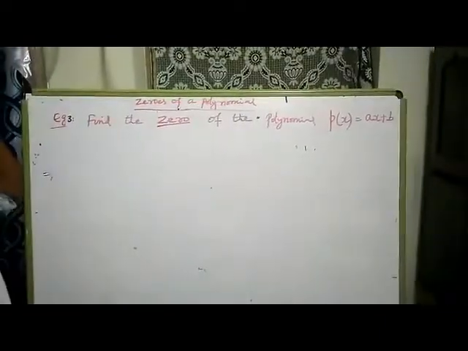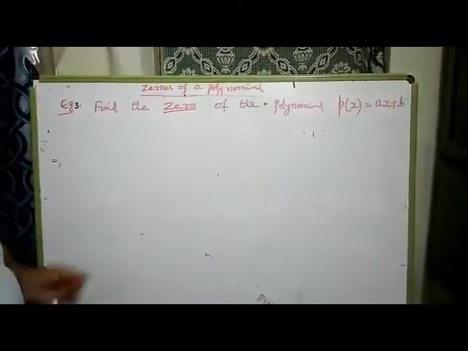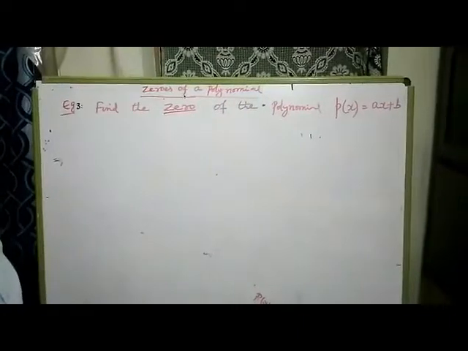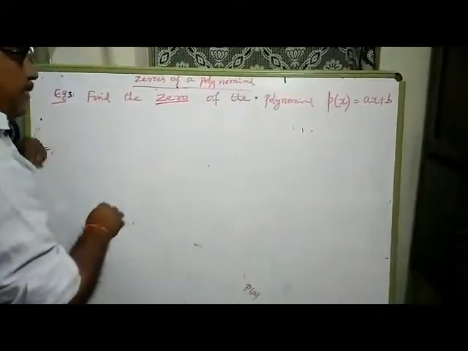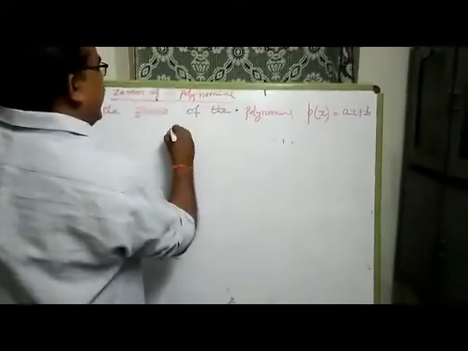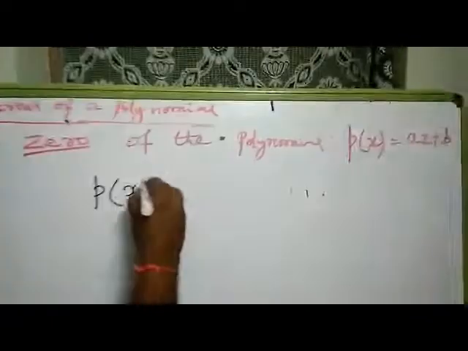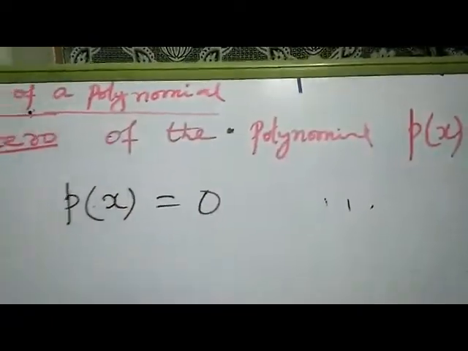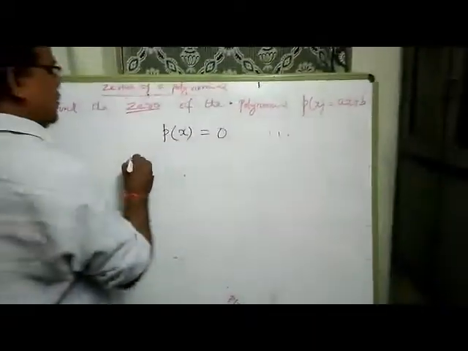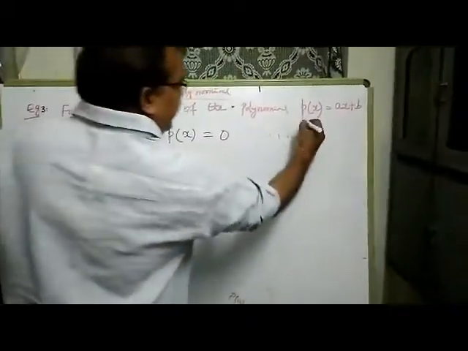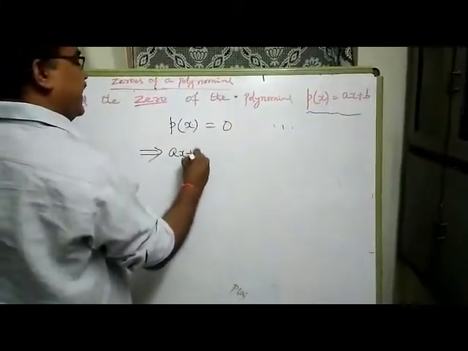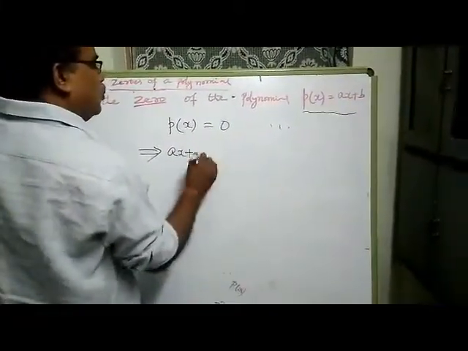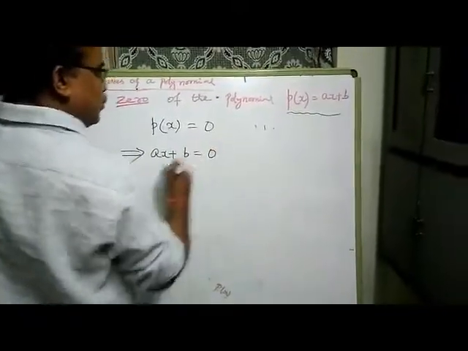One more example, example 3. Find the zero of the polynomial p of x is equal to ax plus b. The formula to find the zero of the polynomial is p of x is equal to 0. Given p of x is equal to ax plus b, that's why ax plus b is equal to 0.